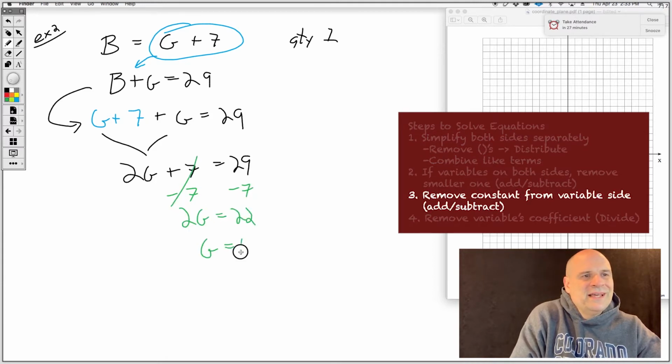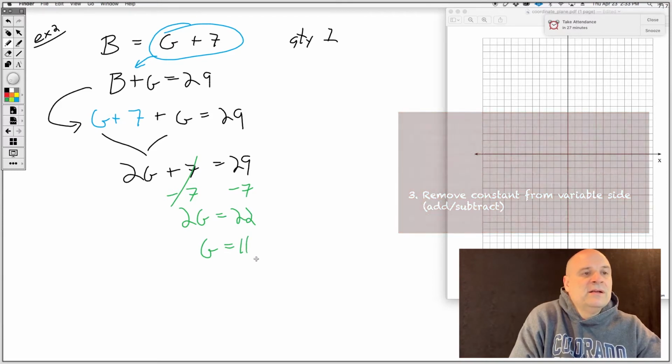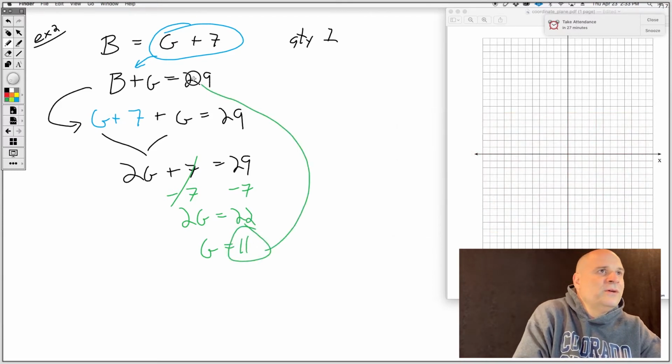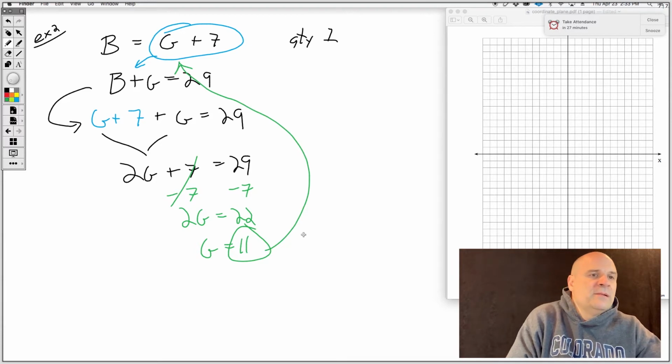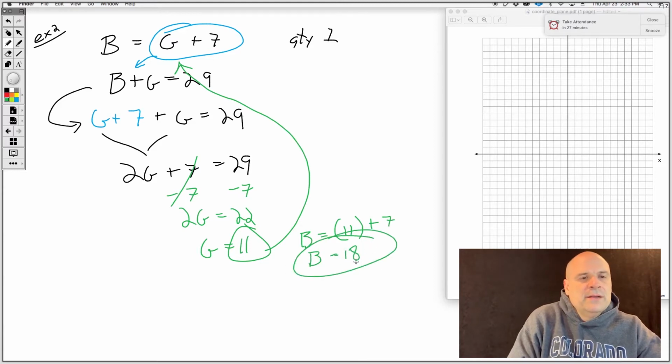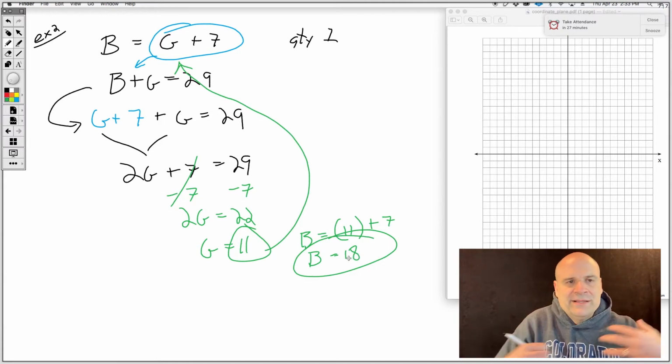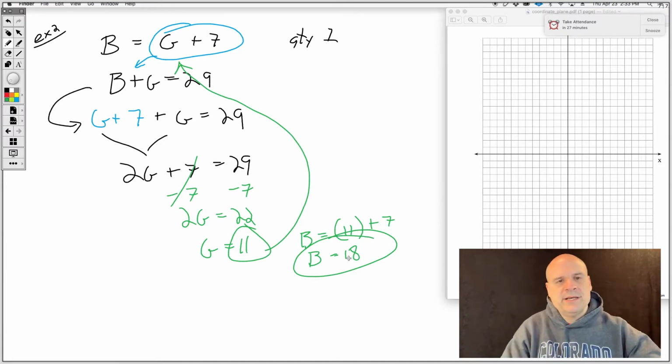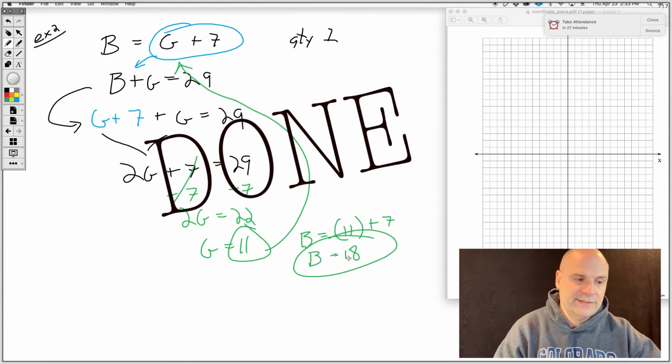G equals 11. So if G equals 11, you could plug that in right there, or really any equation, doesn't matter. So the number of boys is 11 plus 7. So the number of boys is 18. Let's just make sure it's right. Does 18 and 11 added together equal 29? Yes, it does. Boom. Nice.